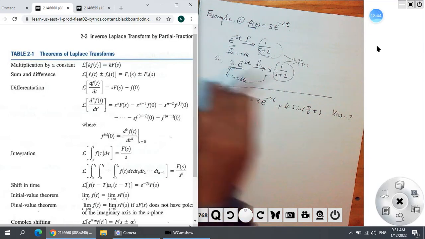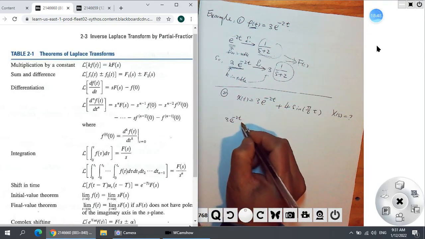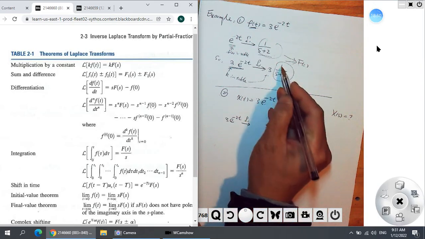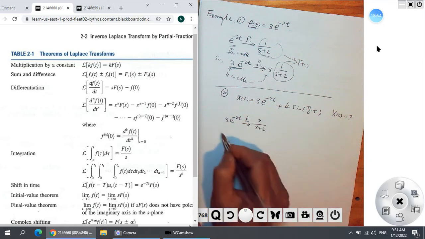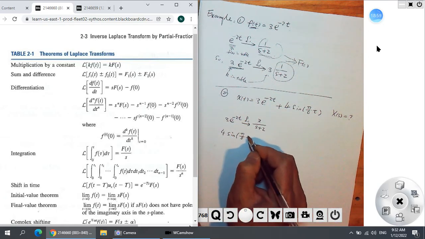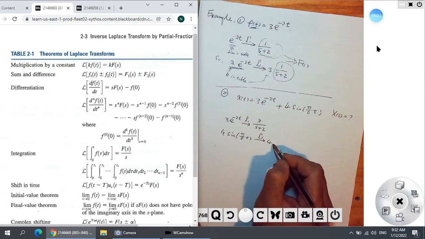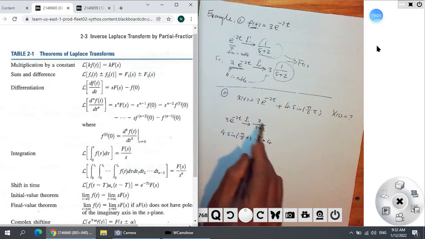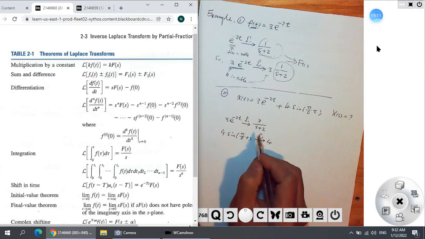For 3e to the negative 2t, by Laplace transform we already know the result. And for 4 times sine of pi over 6 t, it will be 4 times the Laplace transform of the sine part, so we check the table.